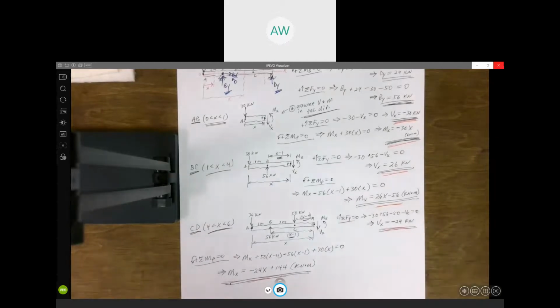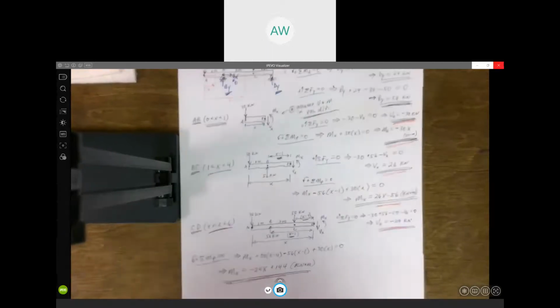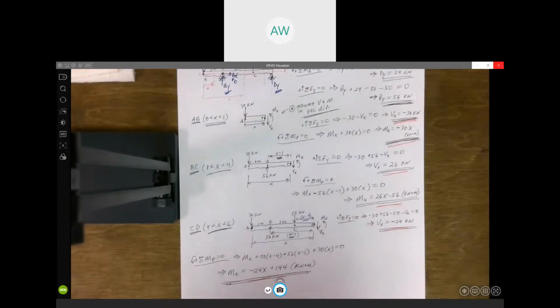And this is just simple. You learned how to graph back in algebra somewhere long ago and far away. And the graphing here is easy because again, all we have are constant functions and linear functions.